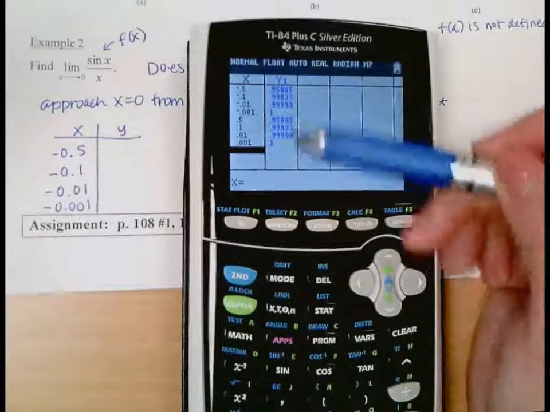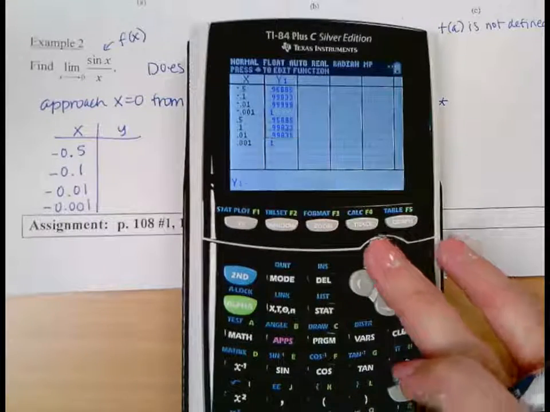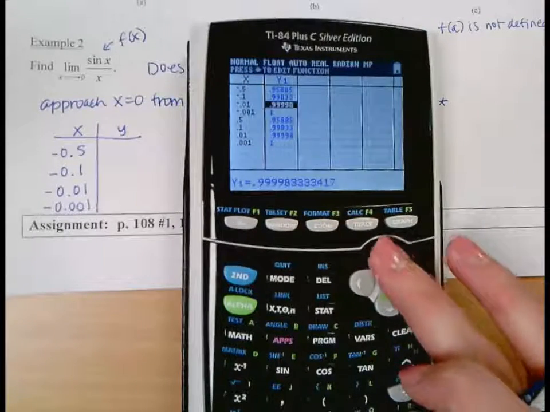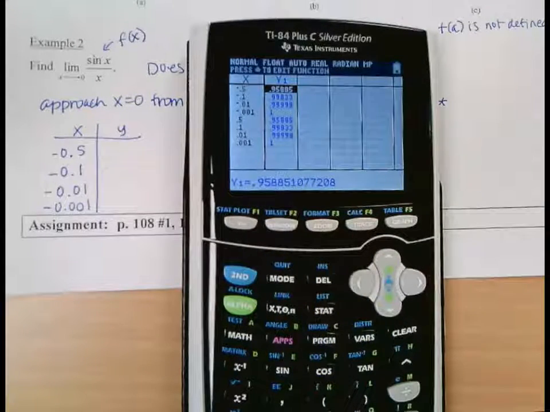And then just mark these values down. Remember too, you can arrow over, and if you highlight the values, it'll give you more decimal places.